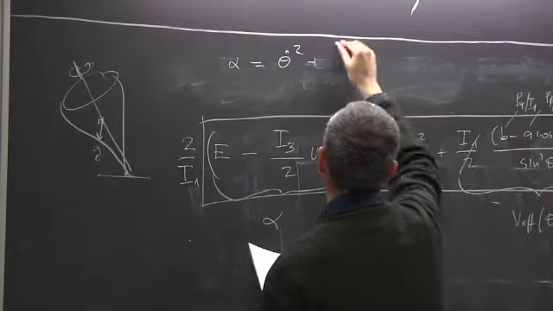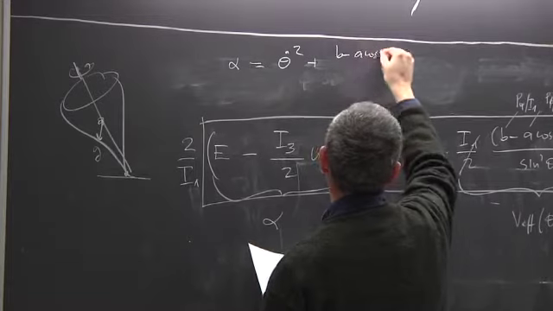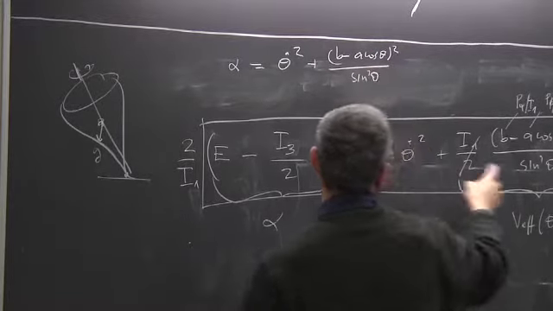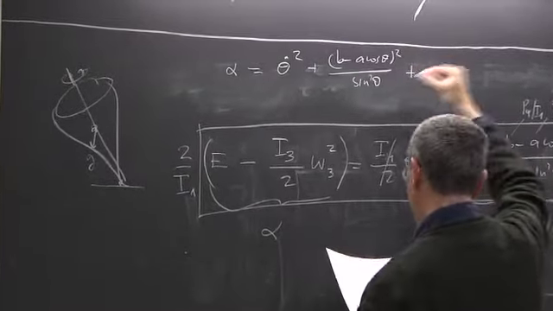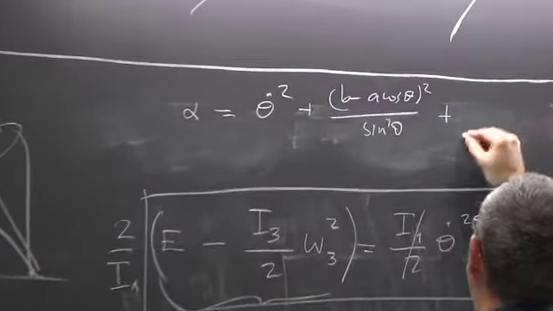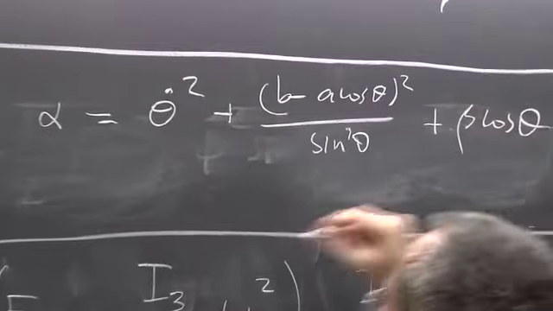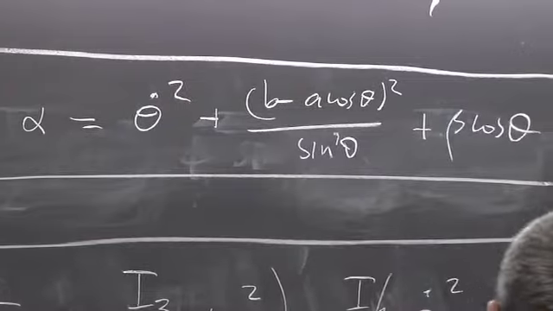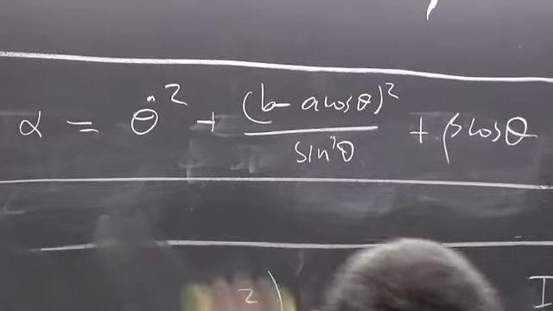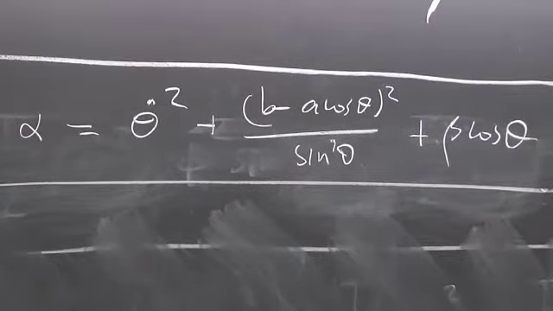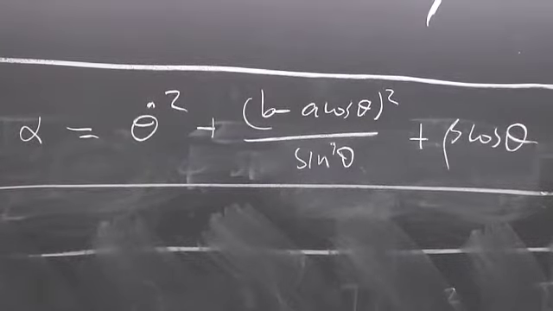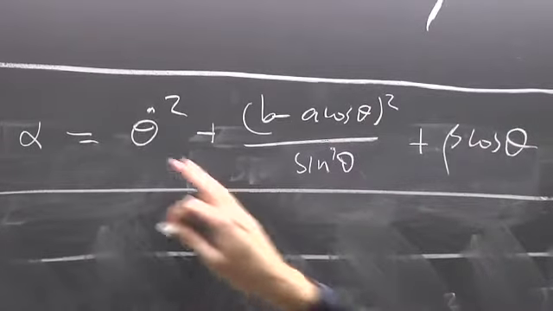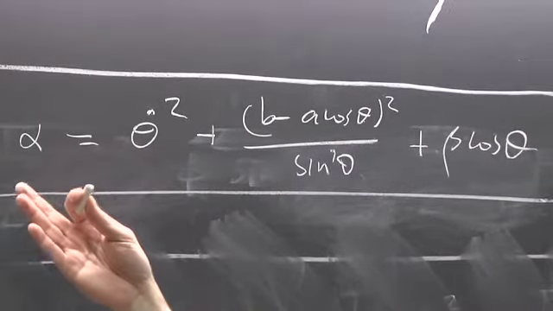So I have B minus A cosine theta square divided by sine square theta, this term here, plus just beta cosine of theta. So now this is the equation I want to discuss. And I erase this. So this is the effective potential. This is the kinetic energy. This is just a constant.